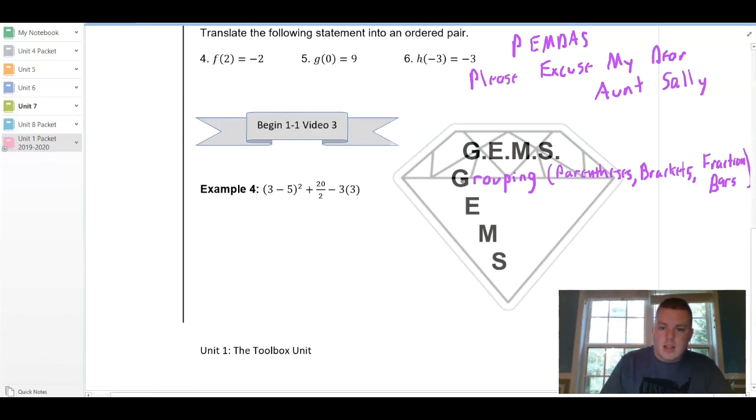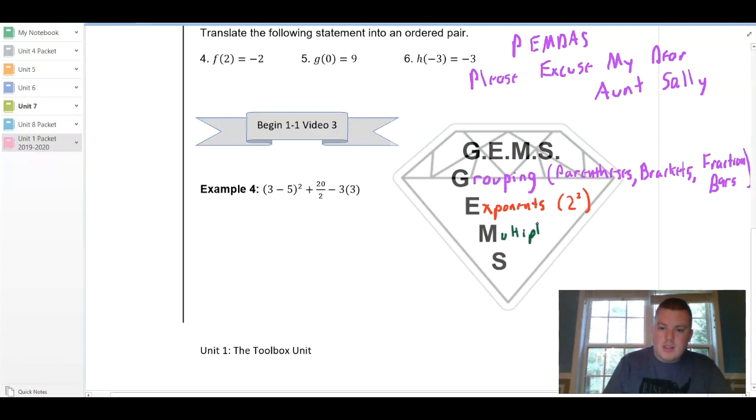E is going to stand for exponents. And those, of course, are the numbers that you see raised up and higher and a little bit smaller than your other numbers. And then you're going to do multiplication and division.